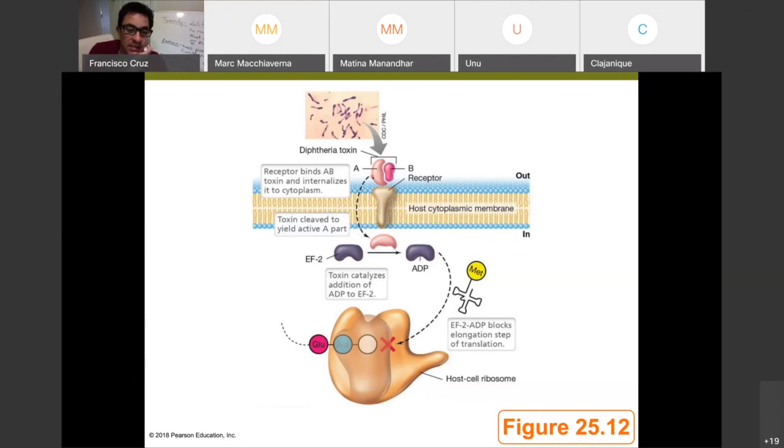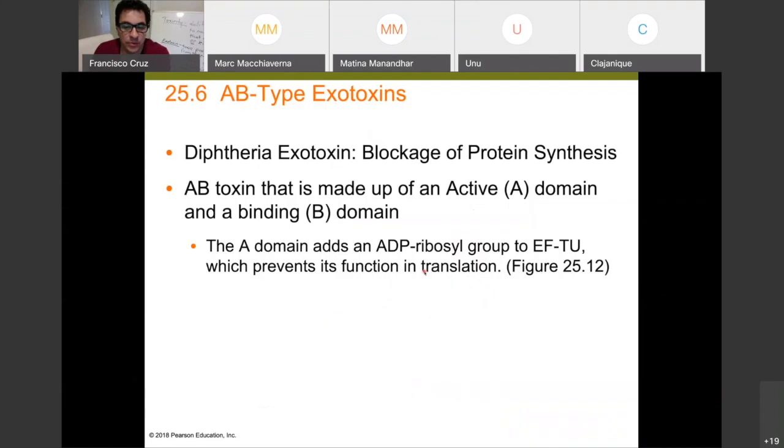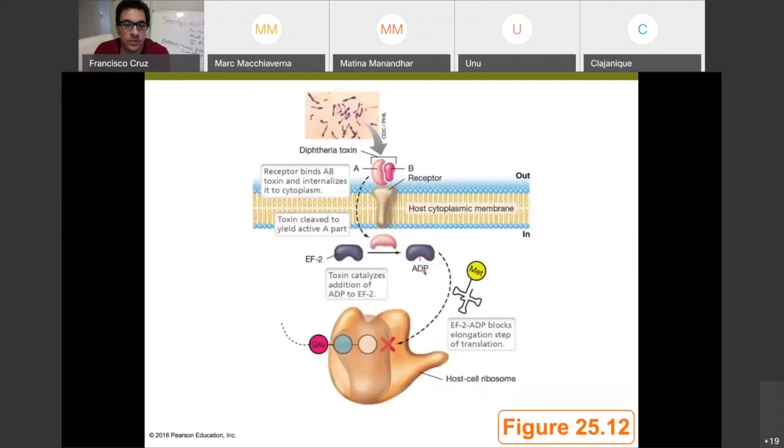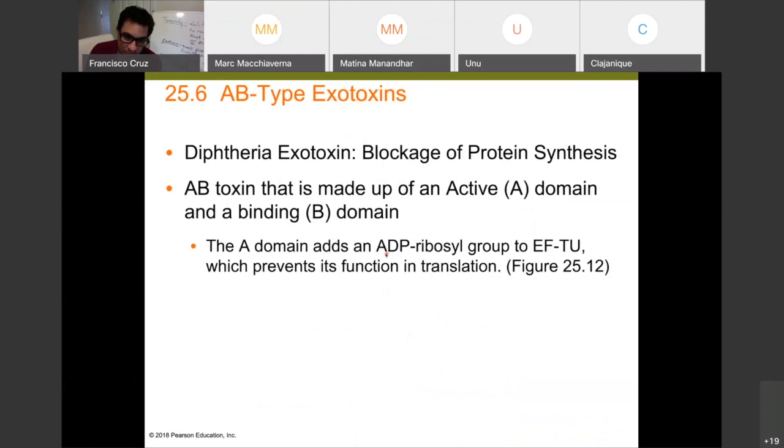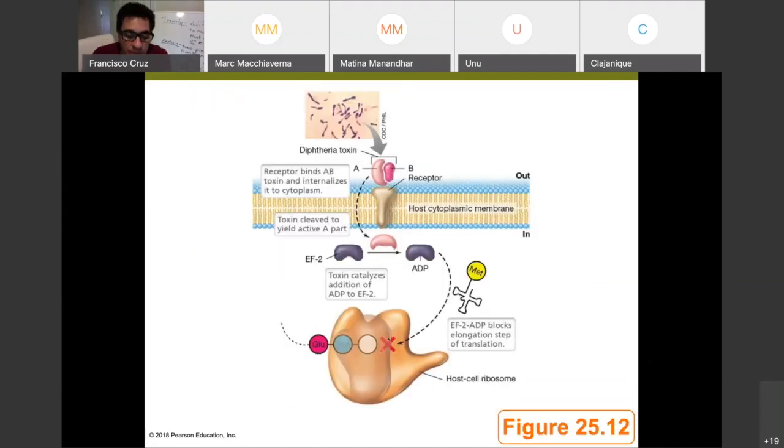And what A does is it adenylates the elongation factor 2 subunit, or protein, I should say. So here you have an ADP event. If this is confusing for anyone, ADP ribosyl group, just ADP, it's fine. Let me remind you. This is a ribosome.